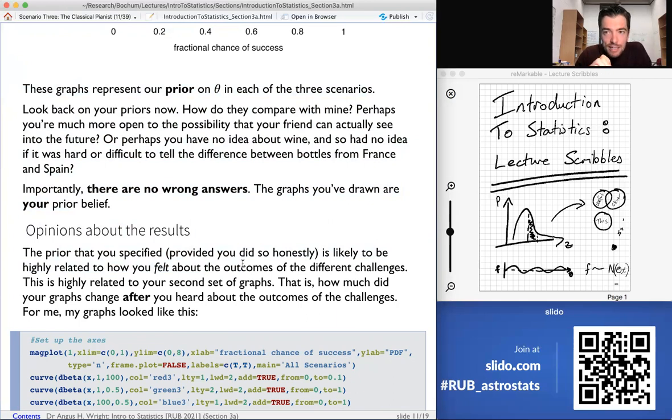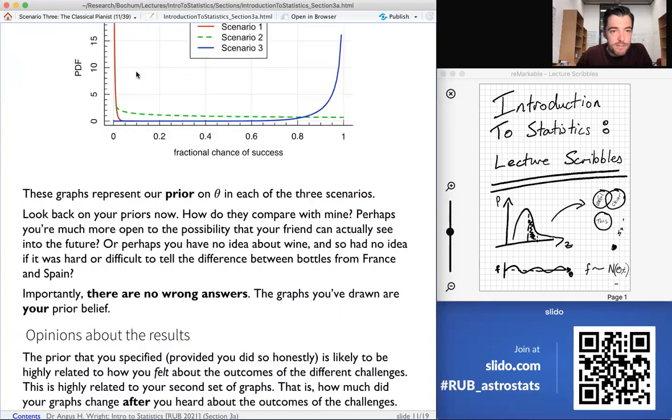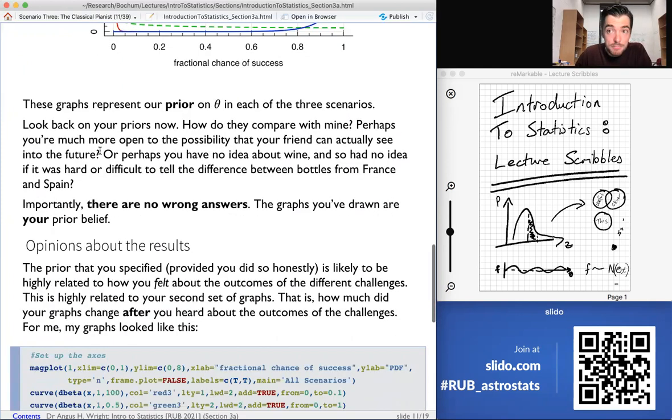It's very likely that if you, like me, had very, very low probability of success for one or more of these scenarios, when you saw the data, your initial reaction was probably, I still don't believe it. Fine. Good on them. They guessed it 10 times in a row. It's very unlikely, but good on them. They did it. I still don't believe it.